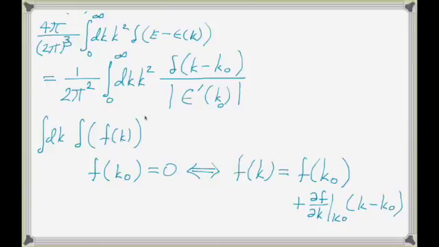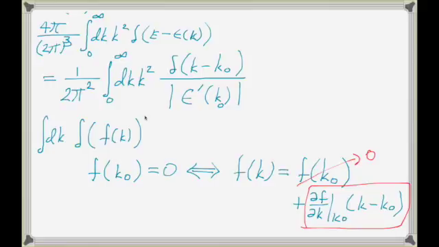So near this k0, I can write my function like this for k very close to k0, and by definition the first term is 0, because k0 is when my function is 0. So I'm expanding around the zero of the function. And since my delta function only gives me something when k is infinitesimally close to k0, I can just replace the argument by this thing here.